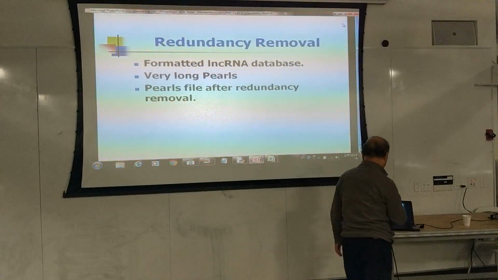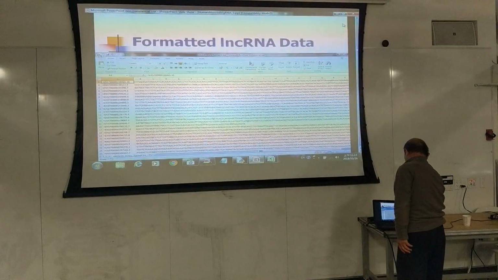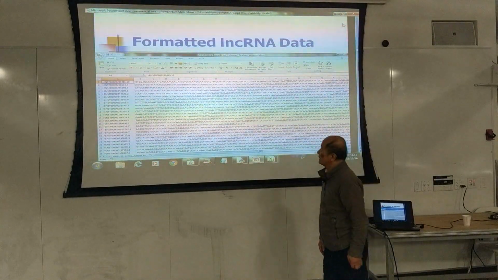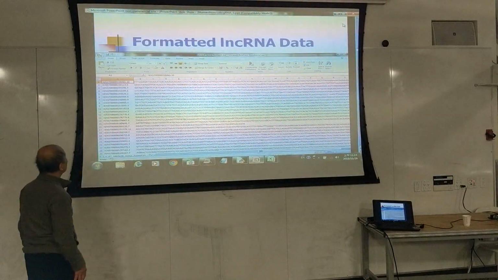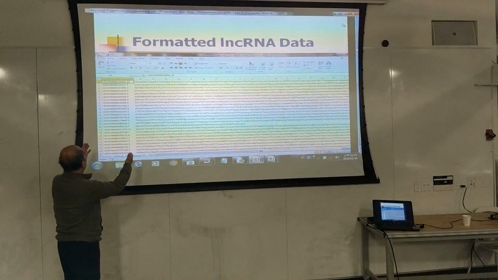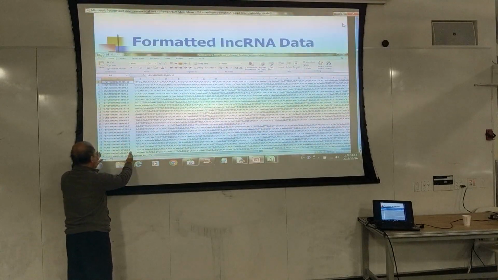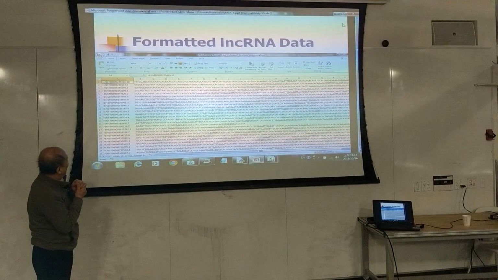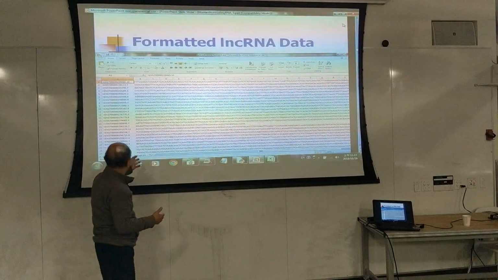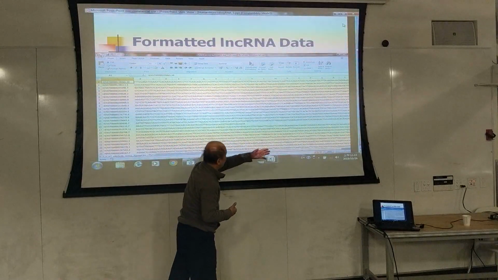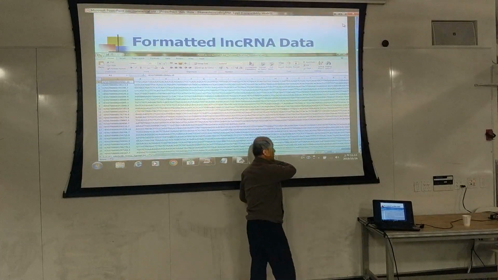I hope that these things are visible. Yeah, this is the eyesight test. So this is the original data. This is the first column, which are the names used in the database. And these are just the data. This data goes on and on. You have tens of thousands of bases.